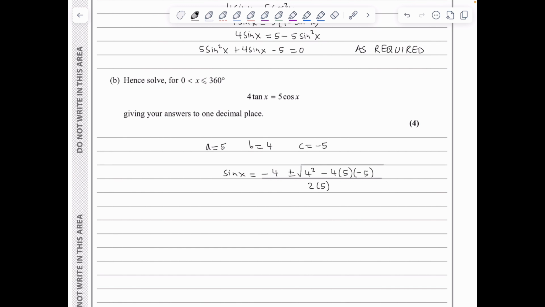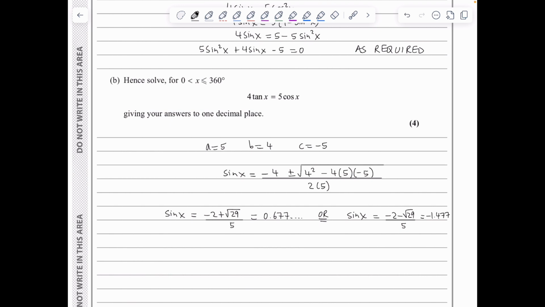If we plug this on the calculator, we get that sine x is negative 2 plus root 29, all of it divided by 5, which numerically is 0.677. Or alternatively, we've got that sine x is minus 2 minus root 29 over 5, which is equal to negative 1.477.